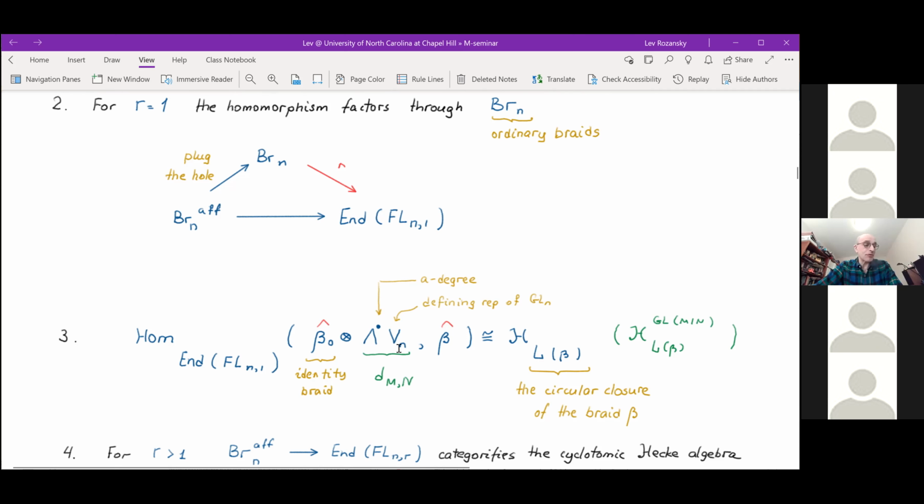There is a notion of tensor multiplying by exterior powers of the defining representation of GLN. If you do this, then the degree of the exterior power will match the A degree in the link homology. So the A degree comes from these exterior powers.